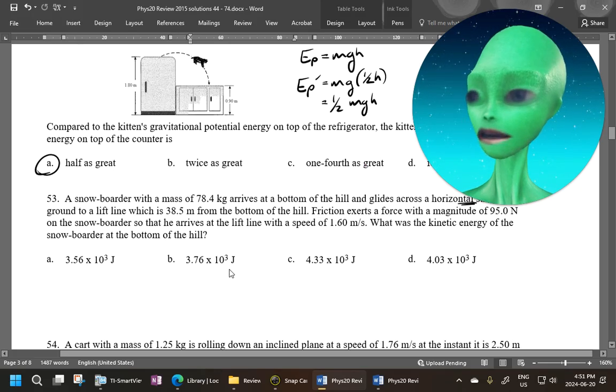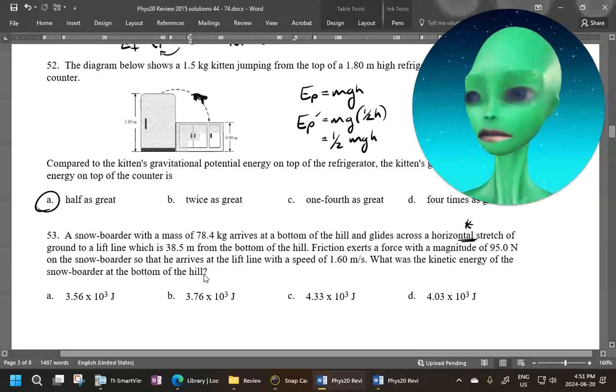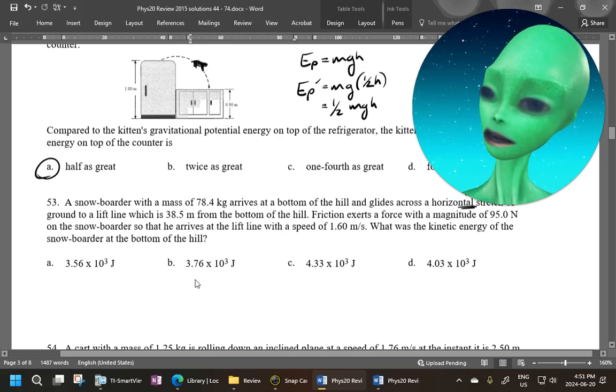What's the kinetic energy at the bottom of the hill? From the bottom of the hill. Oh, so that's the horizontal distance. Okay, that really confused me.